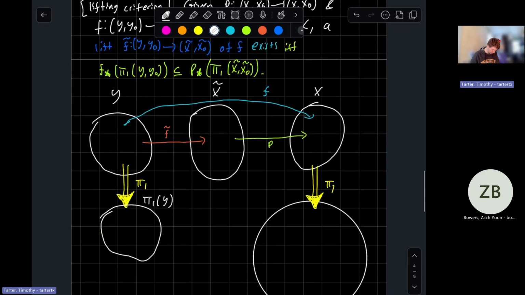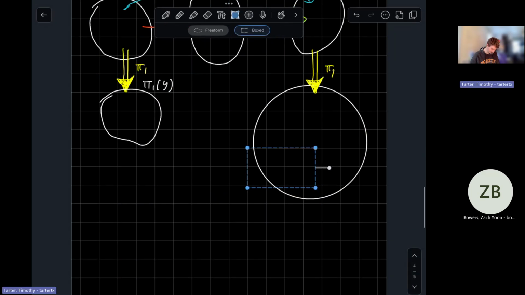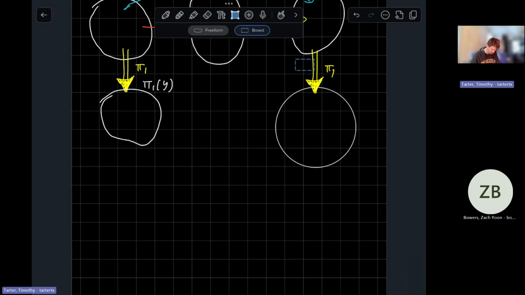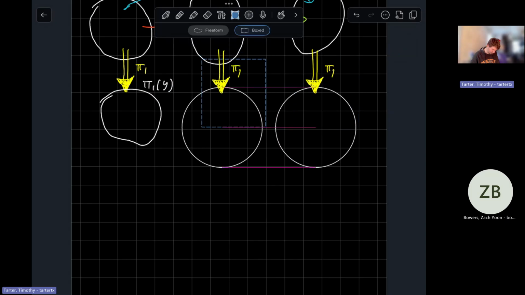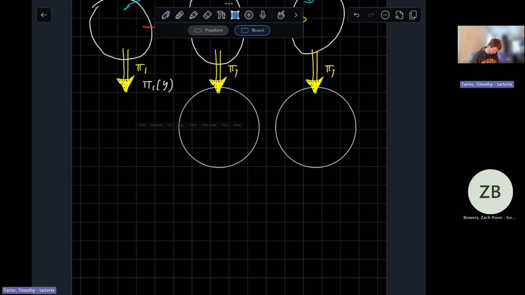P star goes, oh, I was wrong. Hold on. There is this going on, but there's also this. I'm just going to erase this, copy that. There we go.